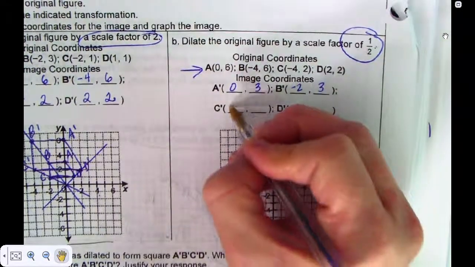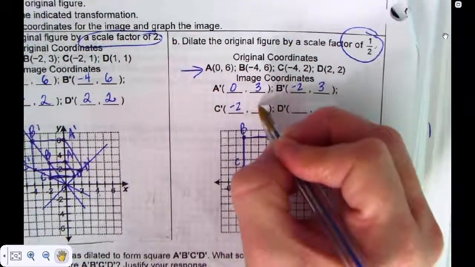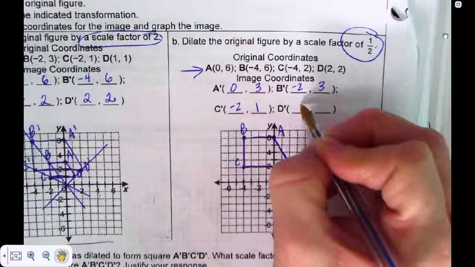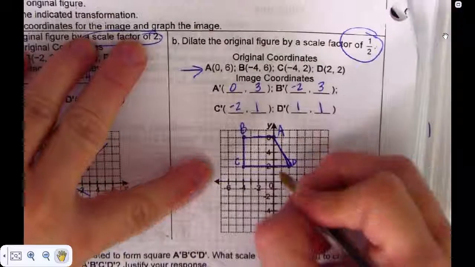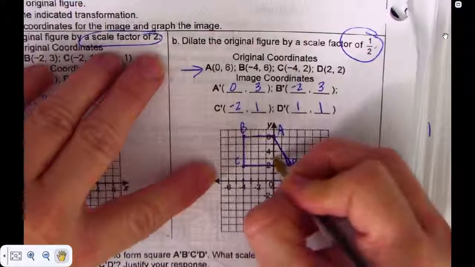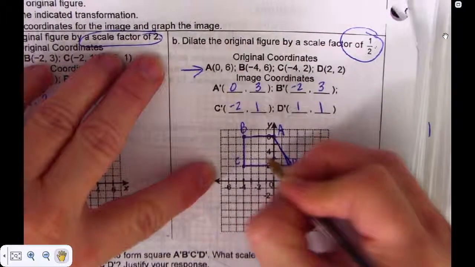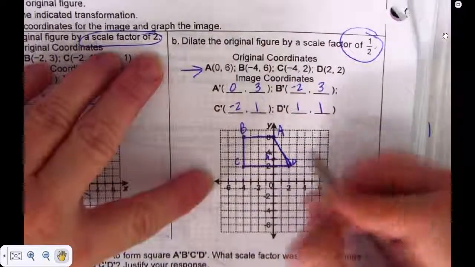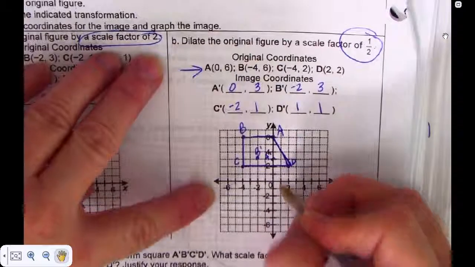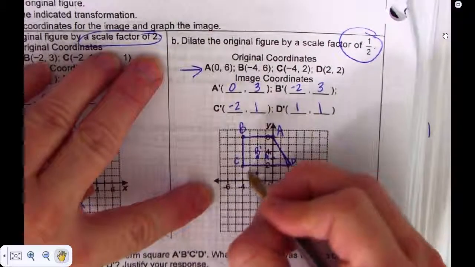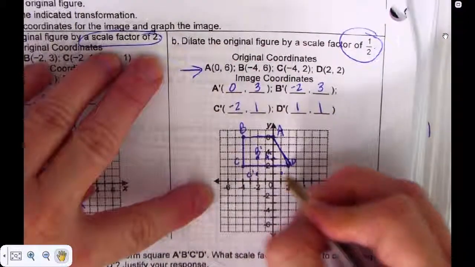Half of negative 4. -2. Half of 2. 1. Half of 2. 1. It's just the same thing. Good. 0, 3 is A prime. Negative 2, 3 is B prime. Negative 2, 1 is C prime. 1, 1 is D prime.